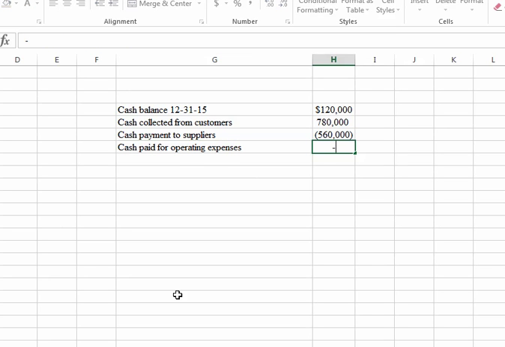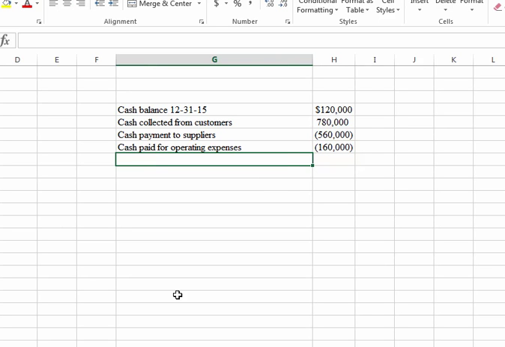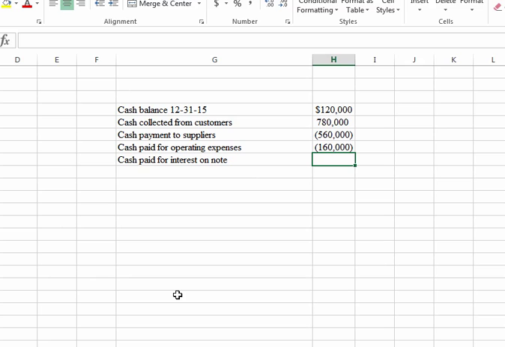Cash going out as well, $160,000. Then we've got cash paid for interest on note. Cash going out as well, negative $12,000.